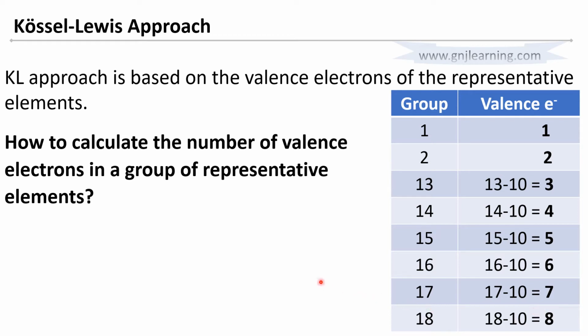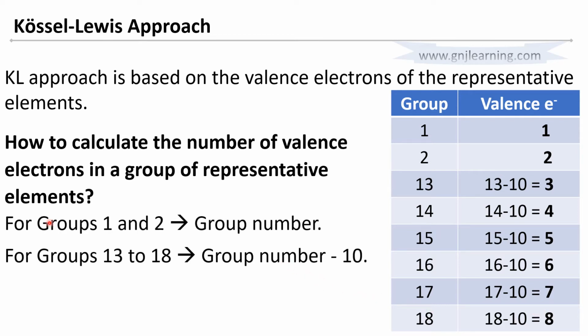So what is the formula that we studied? For group 1 and 2, it is the group number, and for P block, from 13 to 18, it is group number minus 10. If you apply this, you can calculate the number of electrons in the valence shell.